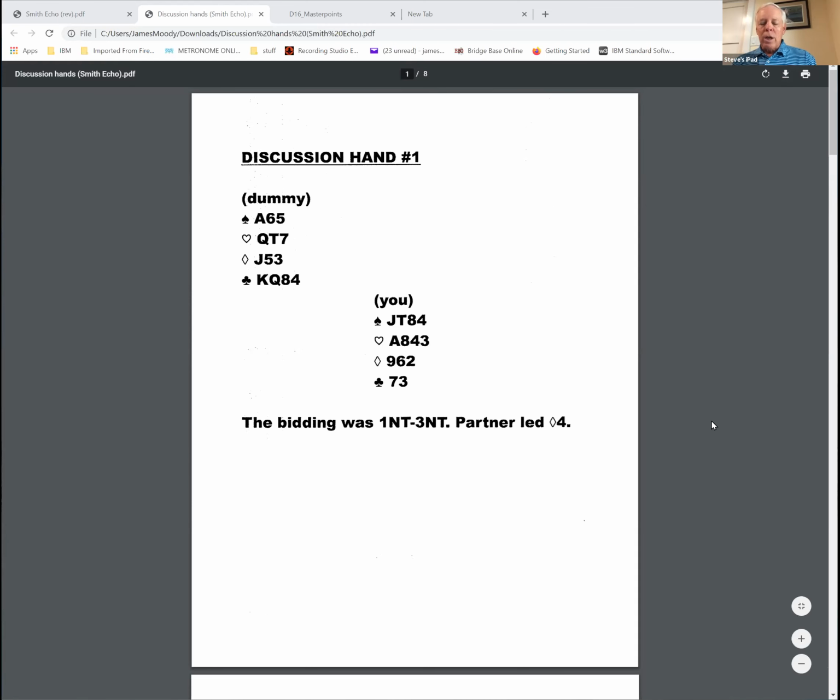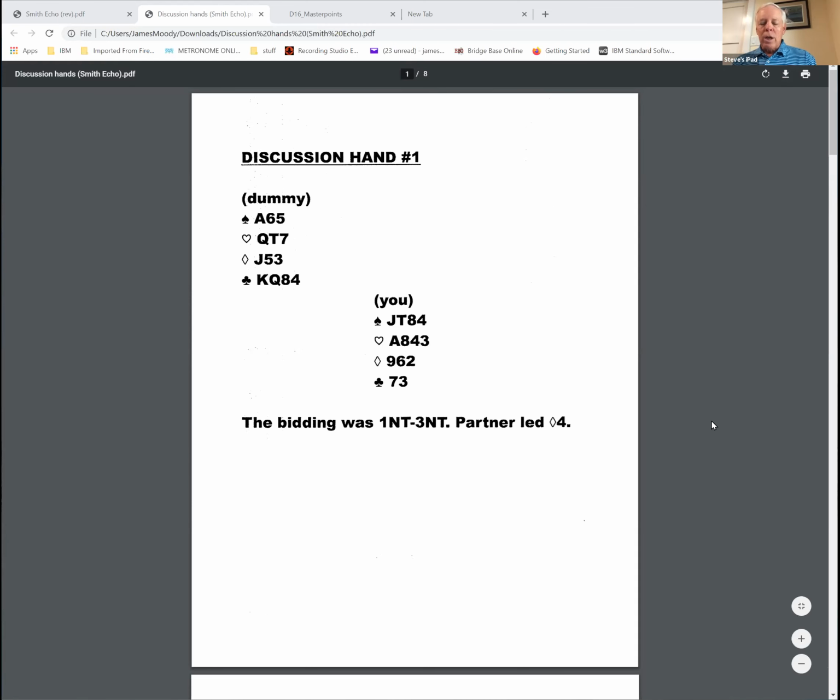What if you play upside down? If you play upside down, and I addressed that in the summary, you can play what's called reverse Smith. And a lot of good players do that. But a lot of good players play regular Smith. So it's really six of one, half a dozen of the other.